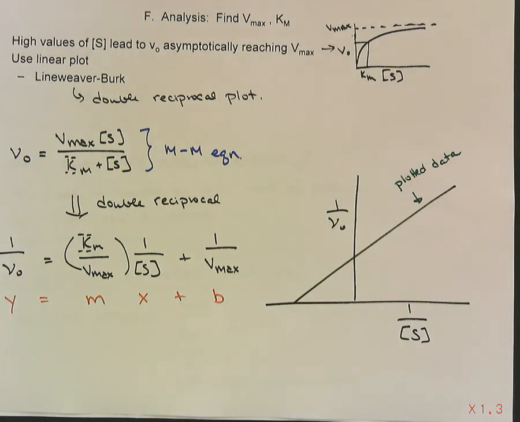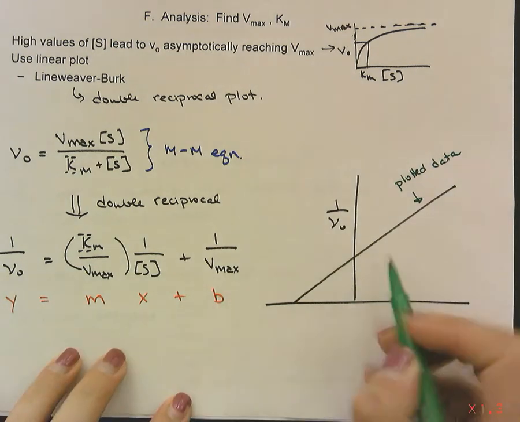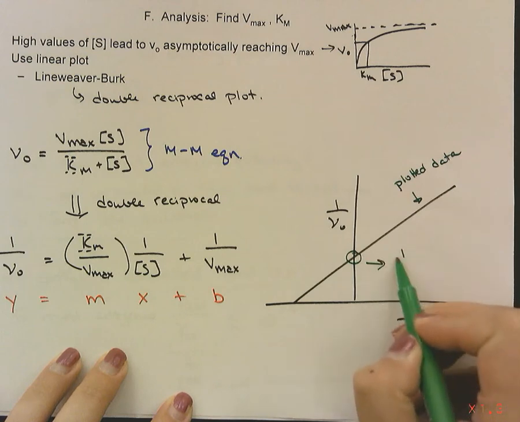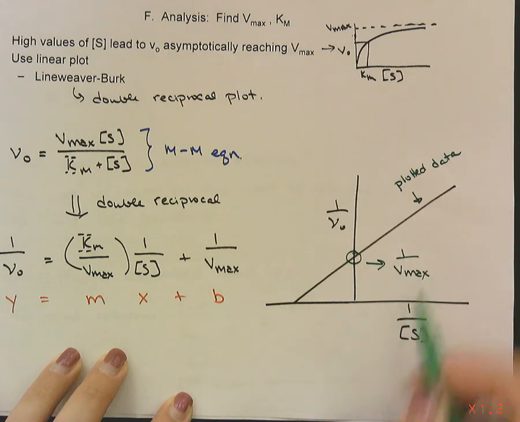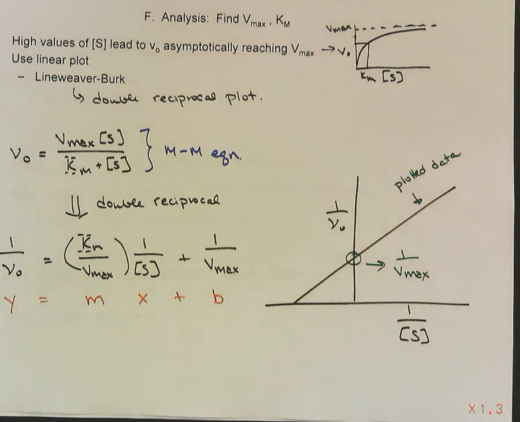What value does the y-intercept tell me? B. Yes, b. So the y-intercept is 1 over Vmax. What about the slope? What does the slope tell me?